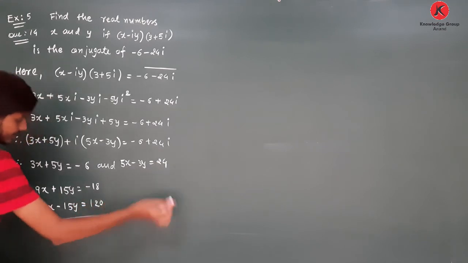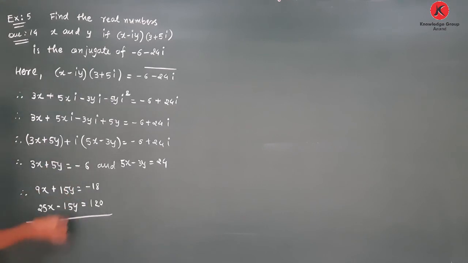Okay, simplify this thing. Directly add: plus 15y and minus 15y will get cancelled.